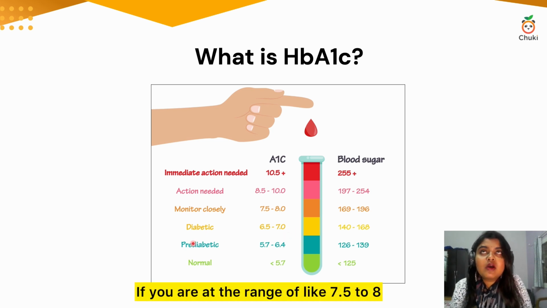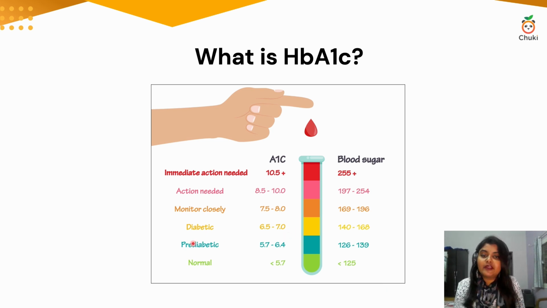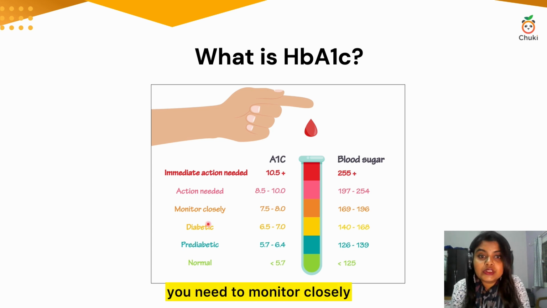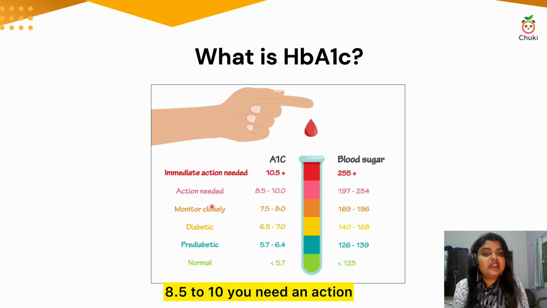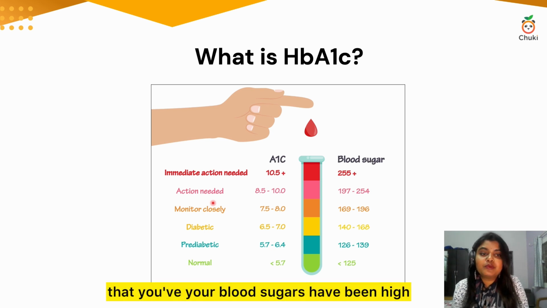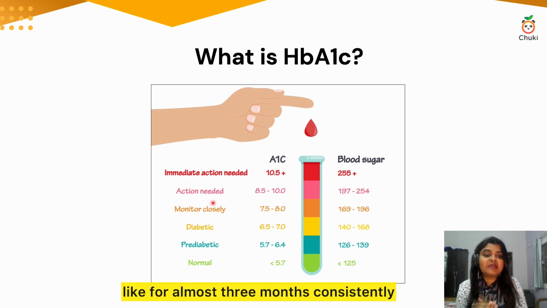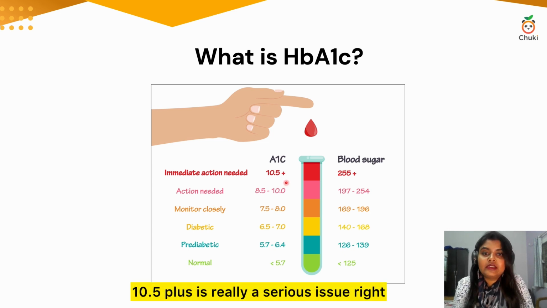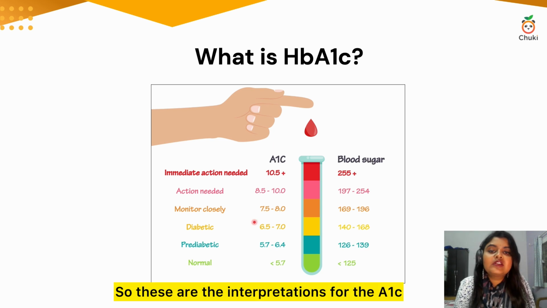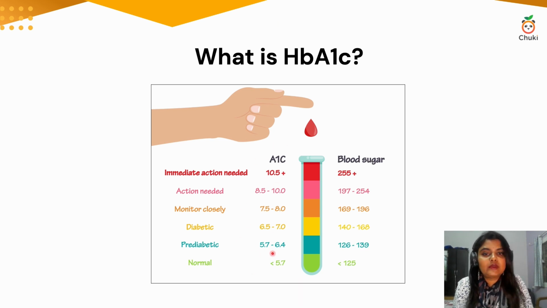If you are in the range of 7.5 to 8, you need to monitor closely. 8.5 to 10, you need action, because there could be a chance that your blood sugars have been high almost consistently for 3 months. 10.5 plus is really a serious issue, right? So these are the interpretations for the A1C.